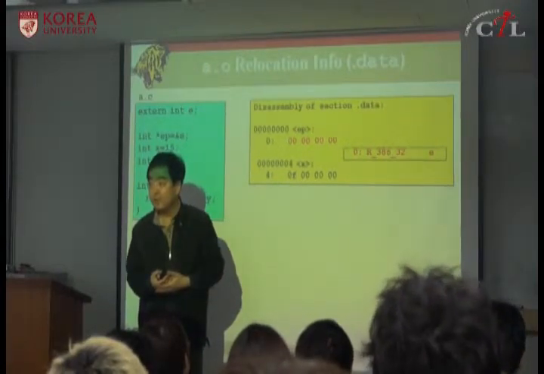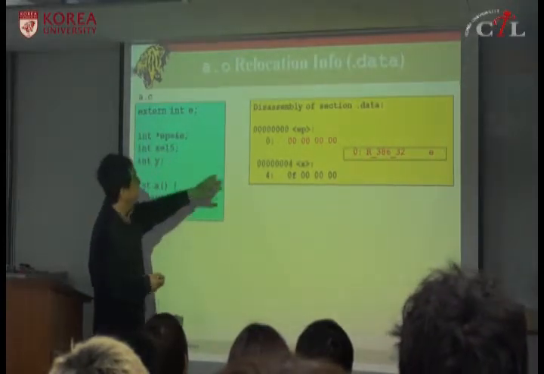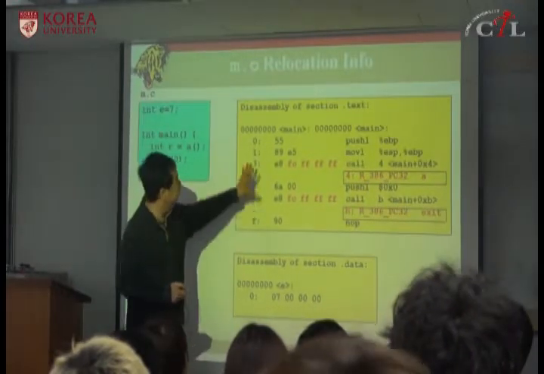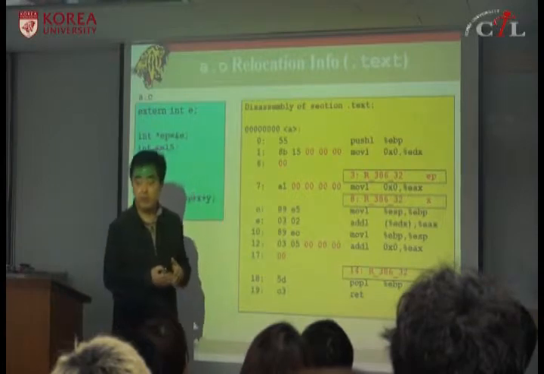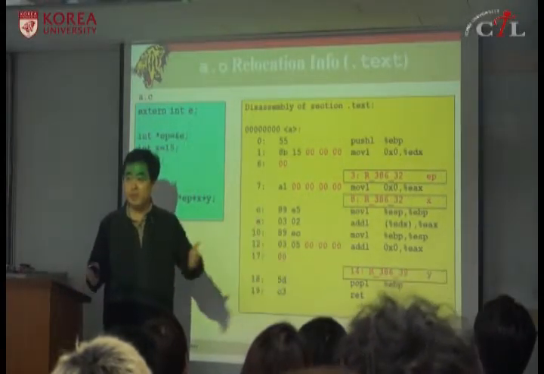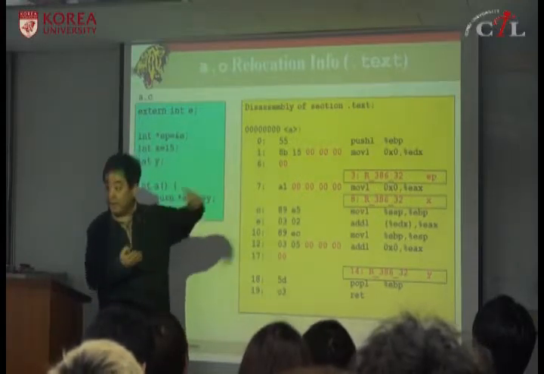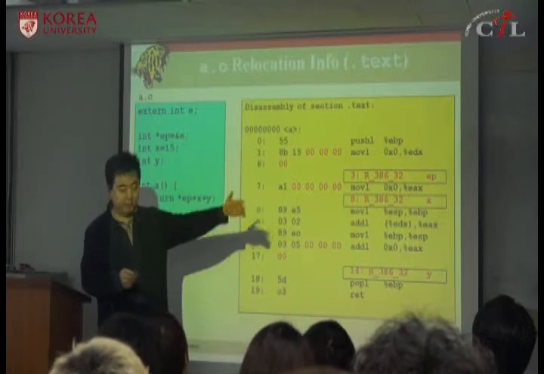So this is after the compilation. And now the linker is trying to combine these two data segments together and these two code segments together, and create a single text segment and a single data segment, and map them to the x86 address space.